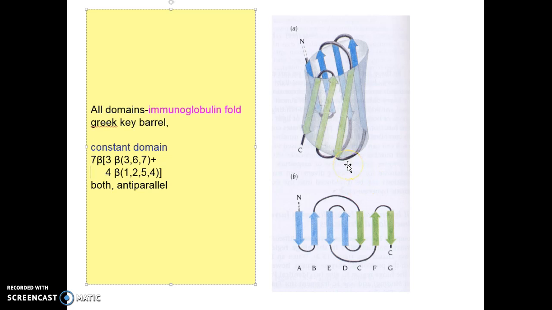The loops may vary in length and sequence among immunoglobulin chains of different classes, but are constant within each class. The sequence of the loop is invariant. The function of these loops is not known, but they are probably involved in the effector functions of antibodies.